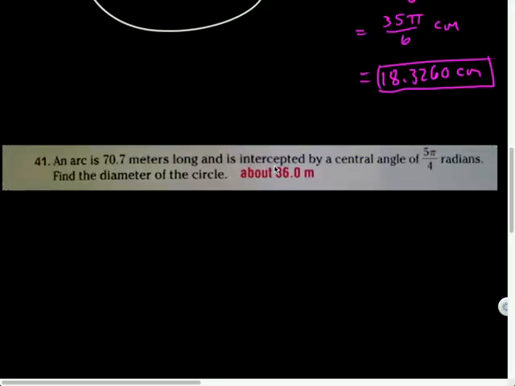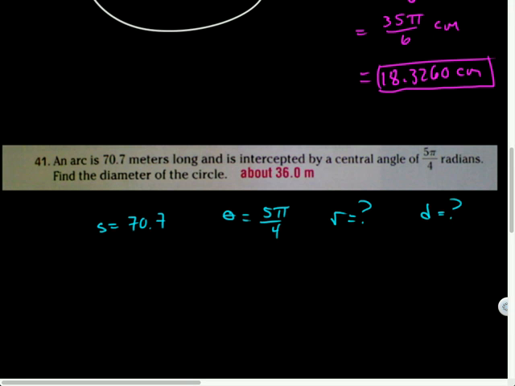So here we are. Let's see. Here are the facts they gave us. We know S is equal to 70.7. We know theta is equal to 5 pi over 4. I don't know r, and I don't know the diameter.